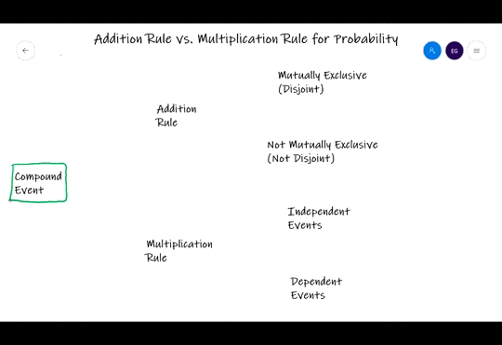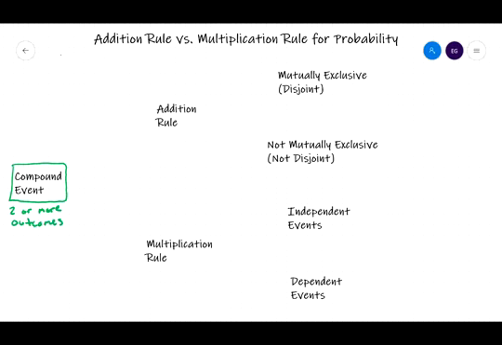Well, the event would be you win, and there's two outcomes within that event. You roll a 7 and you win, or you roll an 11 and you win. So rolling a 7 would be one outcome, rolling an 11 would be the other outcome. Okay, so compound events: two or more outcomes.